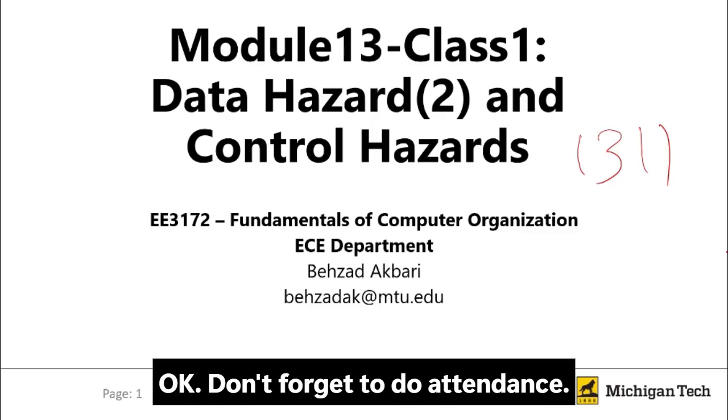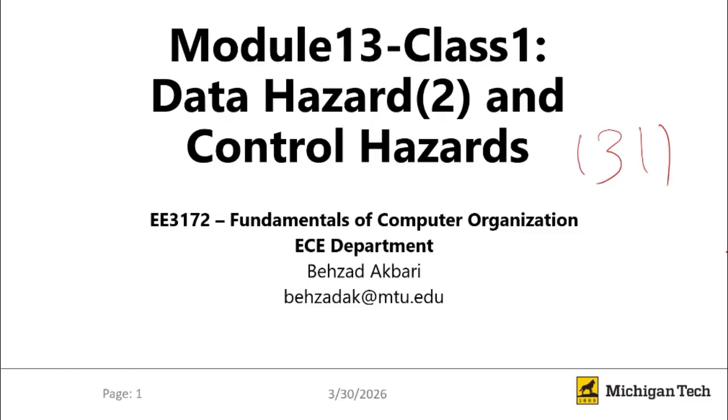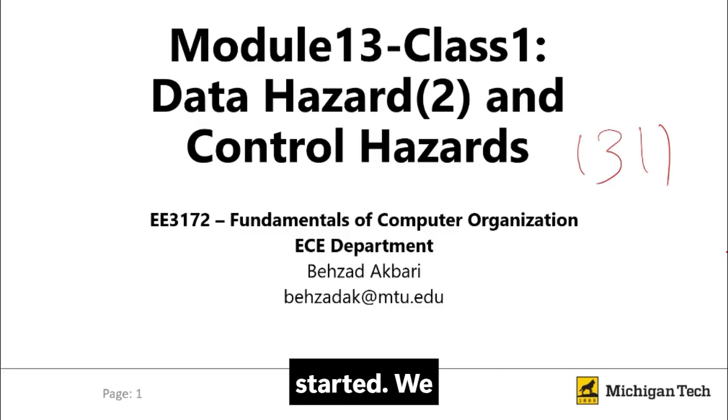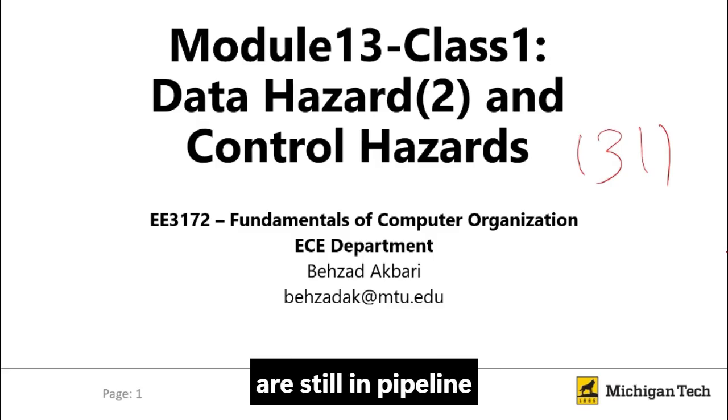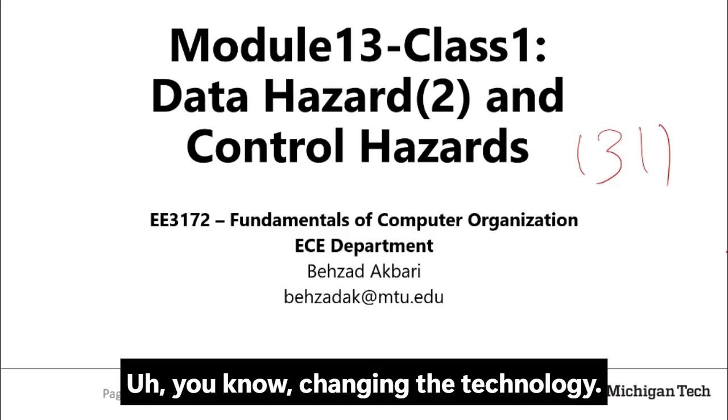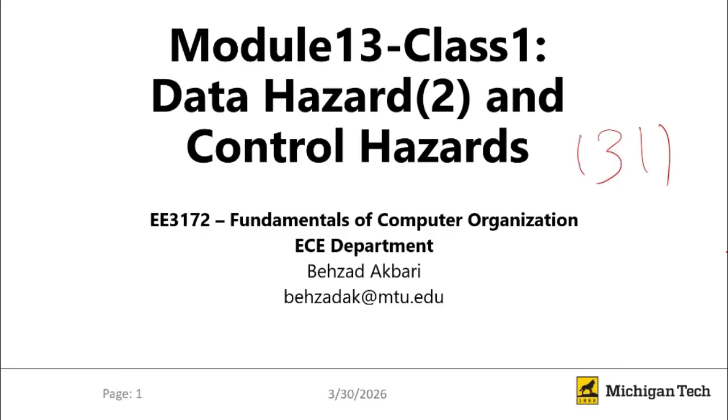Okay, don't forget to do attendance. And let's get it started. We are still in pipeline topic. We want to see how we can improve performance without changing the technology.